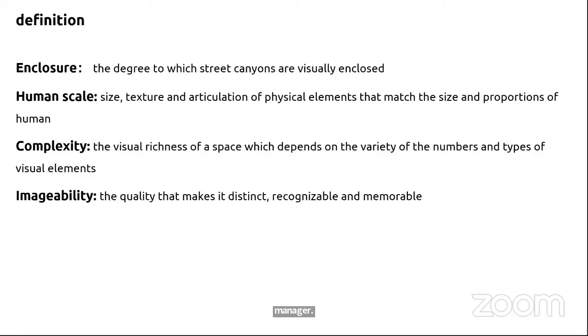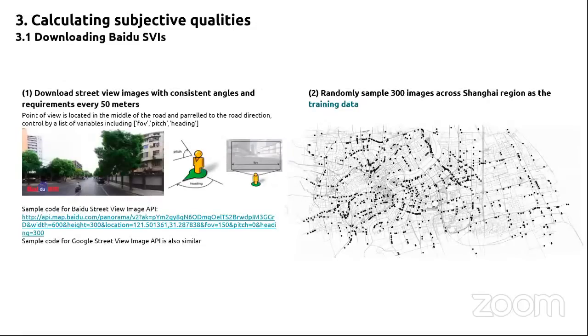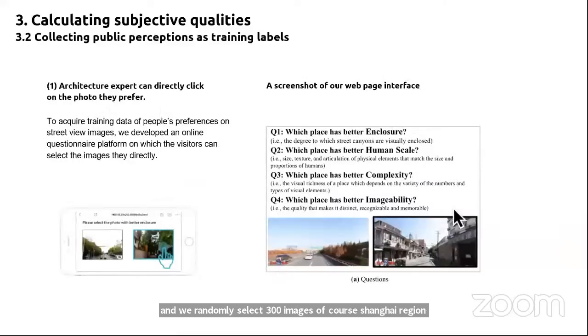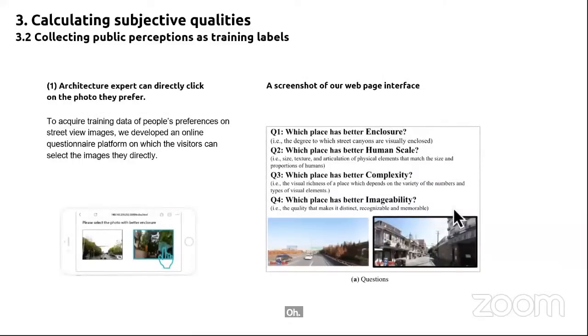And I will introduce the details of our methodology. First, we download street view images with constant angle and resolution every 50 meters. And we randomly select 300 images across Shanghai region as a training data set. To collect people's preference on street scenes as the training label, we develop an online questionnaire platform where people can select the image they prefer in pairwise comparison regarding the 4 perceptual qualities.